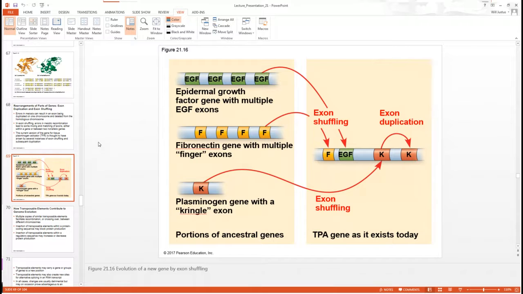So over time, we've seen some species get a lot of genetic material, but genome size doesn't necessarily correlate to our ideas of evolutionary progress.